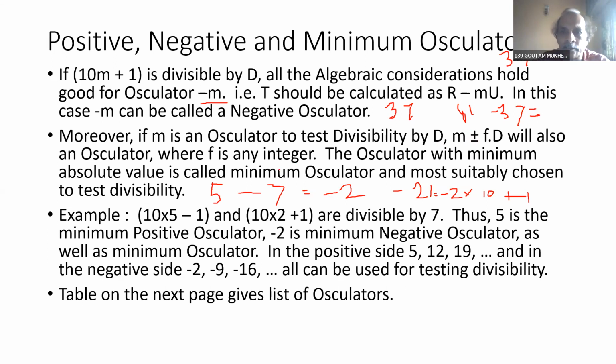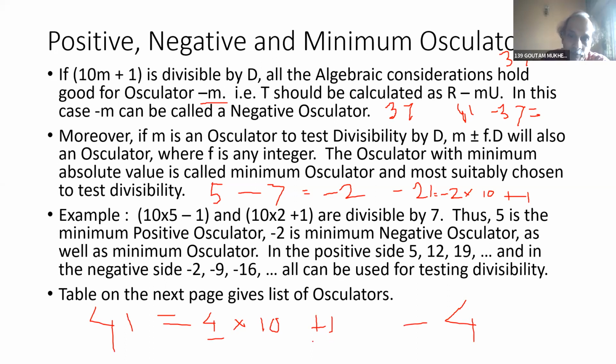So for 41, in this logic I get it, but here also I can get it like this. In case of 41 itself, 4 into 10 plus 1 is 41. So this plus 1 is there, so this oscillator becomes minus 4.